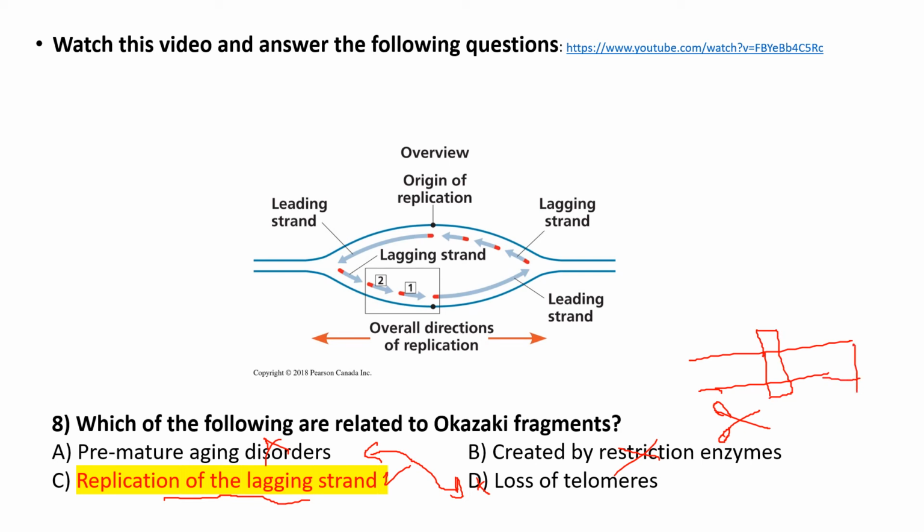So, for example, a specific restriction enzyme says I will cut if there is a sequence that is ATG, so this can allow you to cut specifically in a portion of the DNA, and in that way you can cut it and later insert another part of DNA, or you can do multiple things. So this is a very useful tool. However, in this case, it's not related to the Okazaki fragment, so again, the only option is C.